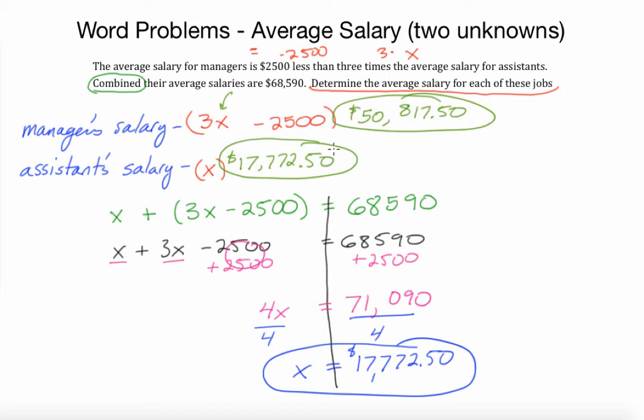The manager, the average salary is $50,817.50. And there's an example of taking a word problem that has 2 or more unknowns and being able to represent each unknown with a variable or an expression that uses the variable. Hopefully that was helpful for you as you're working your way through understanding and working through word problems.